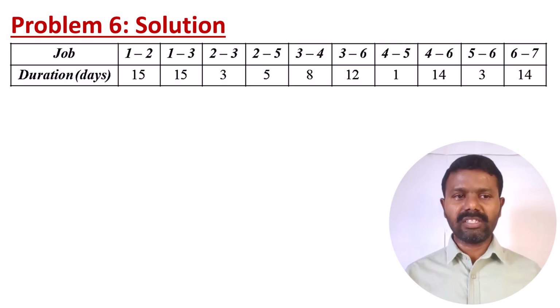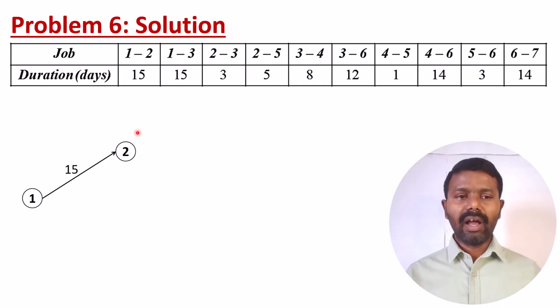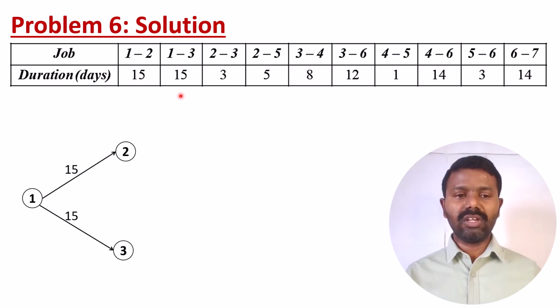First we need to take the information which they have given, and then see how much time it is taking. We are not mentioning the activity names here, but we will only see the durations. 1 to 2 is 15 days, and then 1 to 3 again is 15 days, so I will write 1 to 3 on this side. 2 to 3 I will write somewhere here, and that is 3 days.